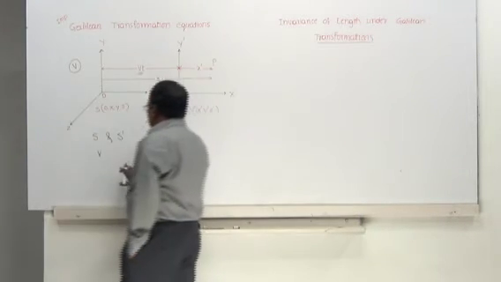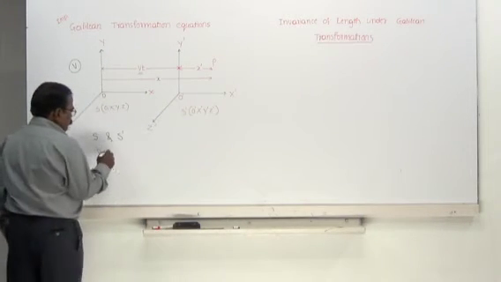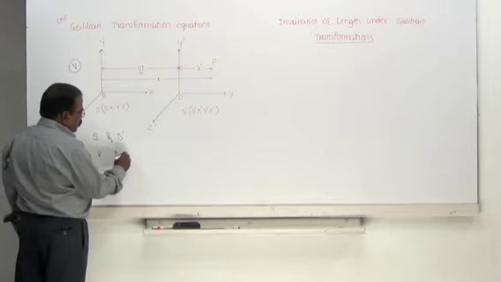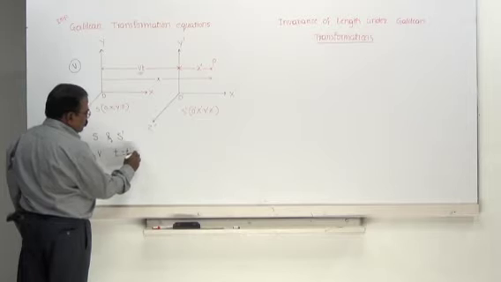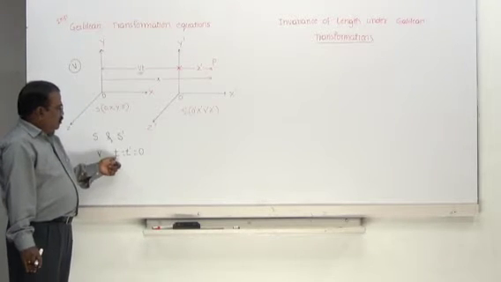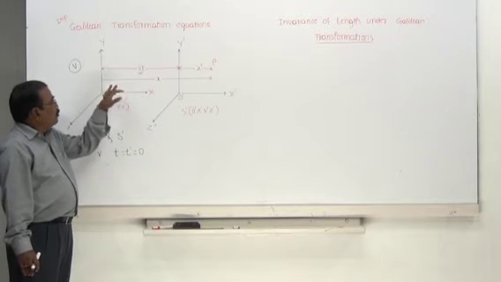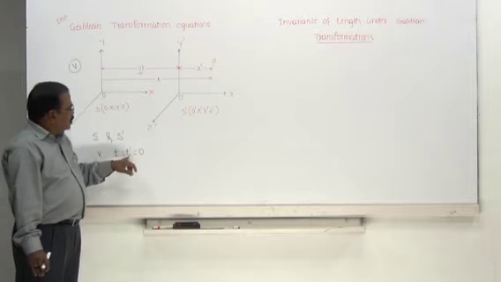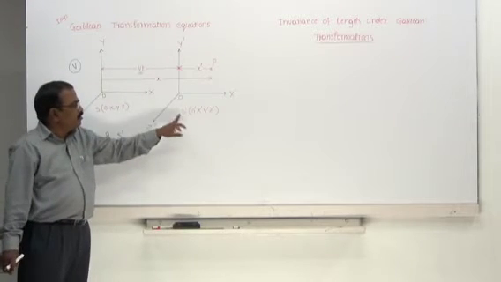Let us assume that at time t equals t dash equals 0 seconds, t is the time coordinate of the S frame and t dash is the time coordinate of the S dash frame.